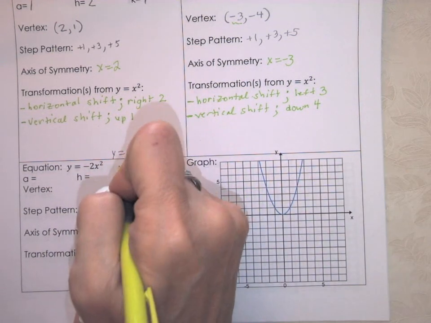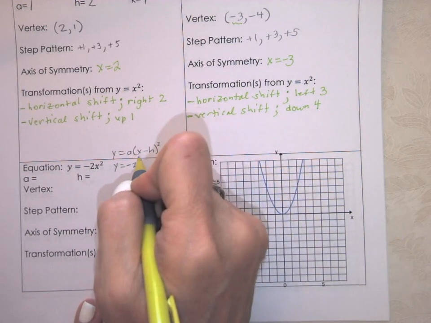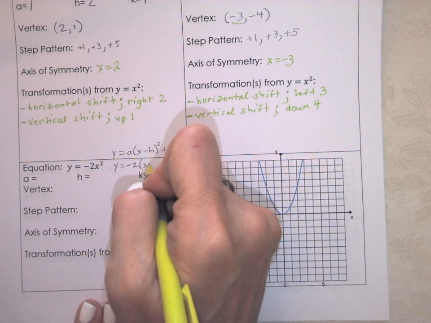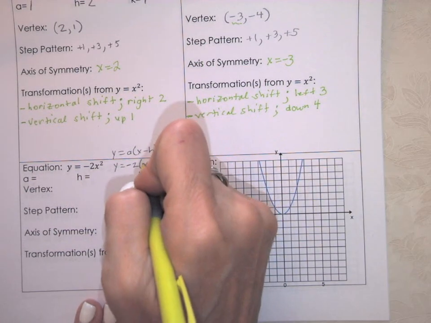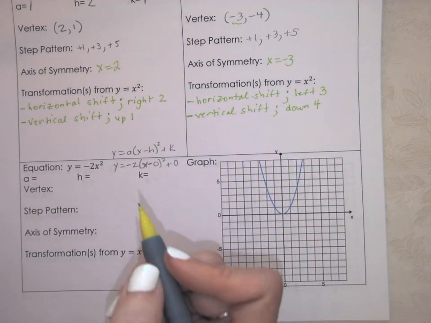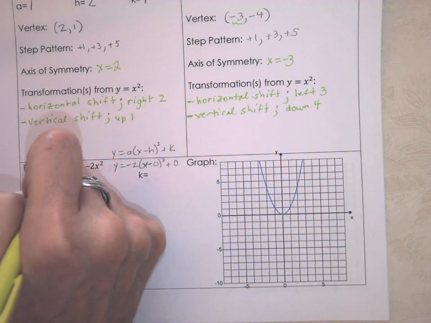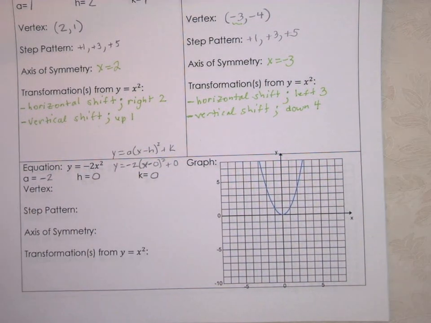If it just looks like this, I definitely have changed my a. But for it to just be x squared, it must mean that it was x minus 0 squared, because x minus 0 is just x, plus 0, okay? So when you see this, we know a is changed to -2, but our h must have been 0, and our k is still 0.